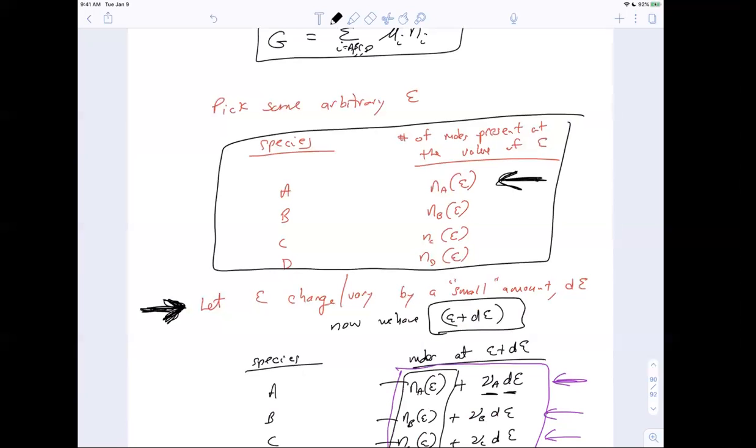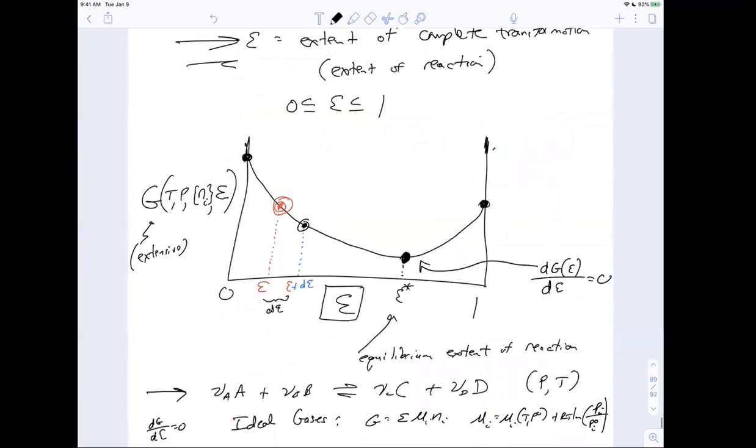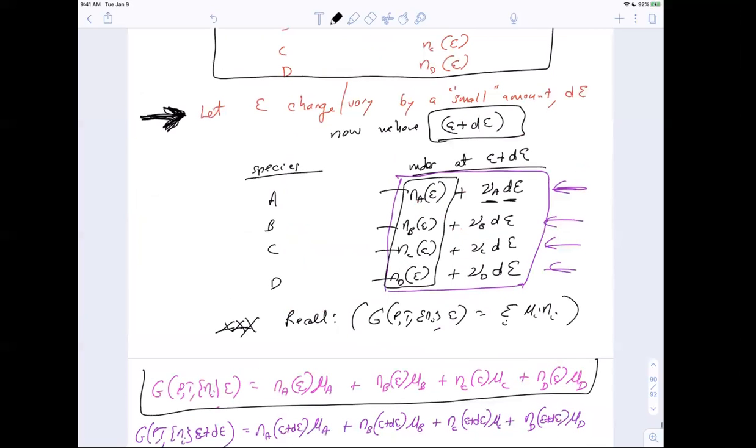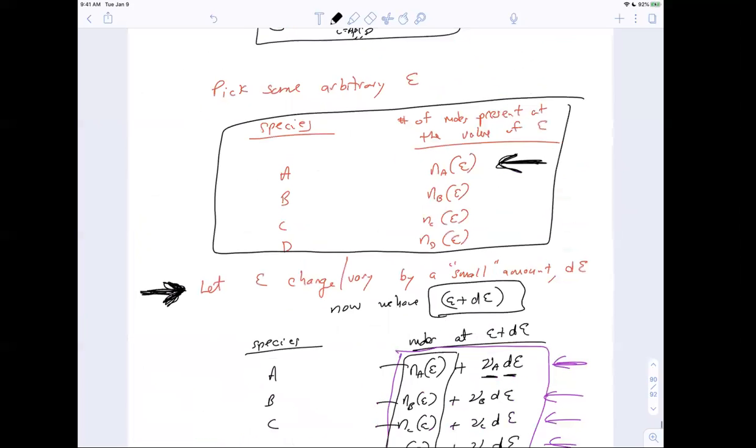And so at that point, along this reaction coordinate, which is right here, epsilon plus d epsilon, which of course is going to be very close to the original epsilon point, which is in red, but I've just shown it exaggerated to make it clear to see. So now at that point where epsilon is equal to the original epsilon plus d epsilon, the moles that we'll have of each species is going to be determined by the following expression. If we look at the one for A, it is going to be the number of moles of A at epsilon, which is just this guy right here.